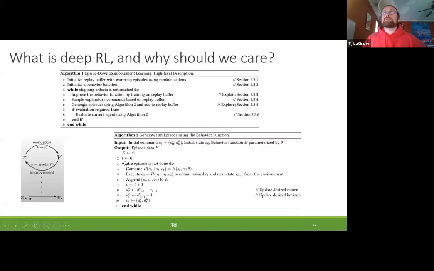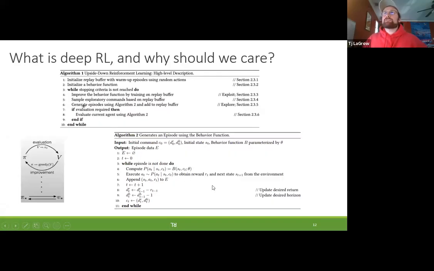To generate an episode using the behavior function, they initialize some C0, which is initialized as the desired return and the desired horizon, and then the state is initialized for the behavior function, which is parameterized by theta. Then they store episode data where they compute the probability distribution of an action given a state and a desired return and desired horizon, which is equal to the behavior function given the set of parameters.